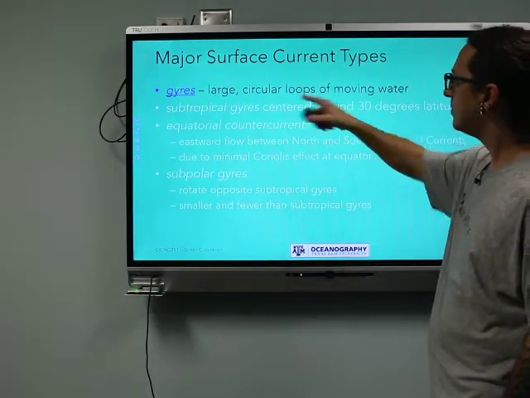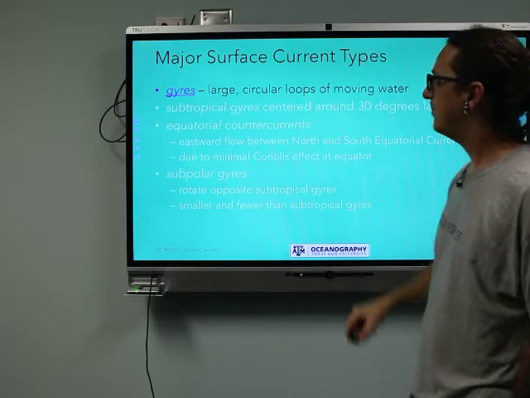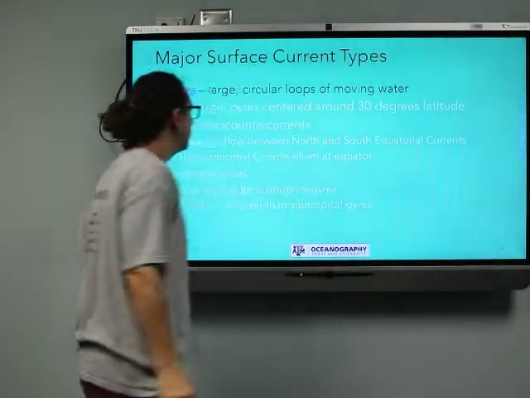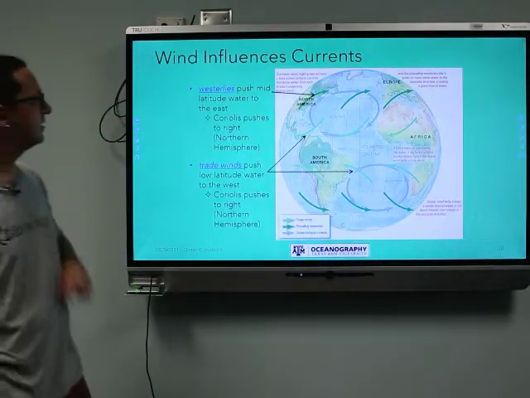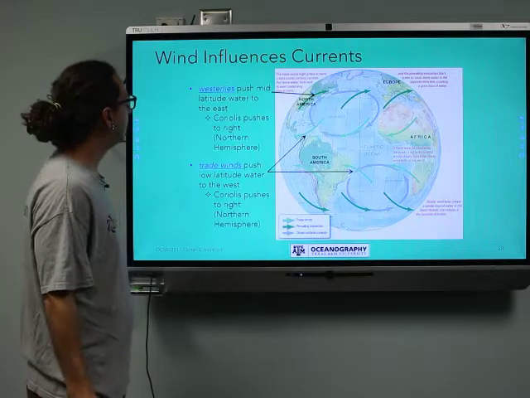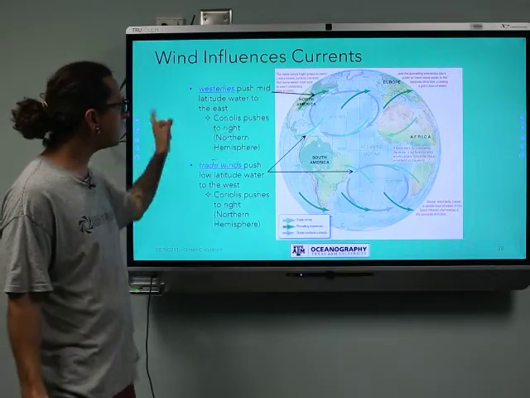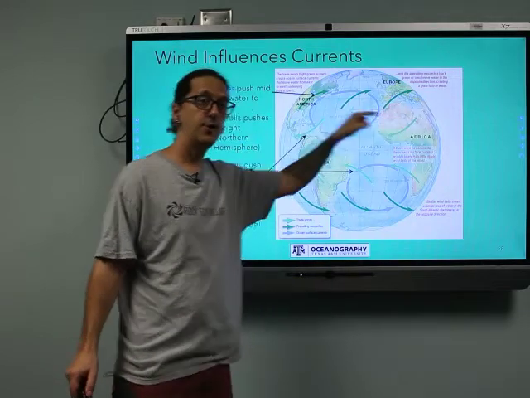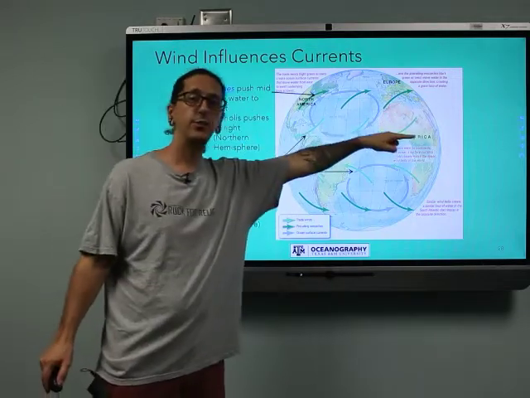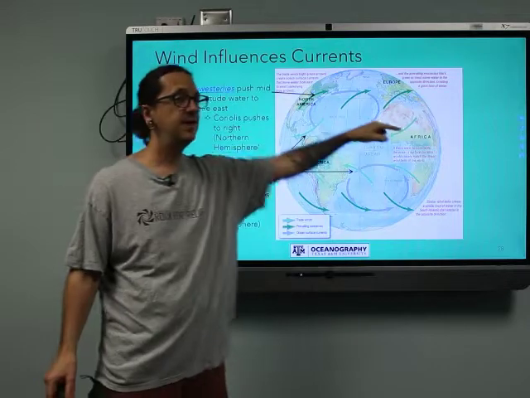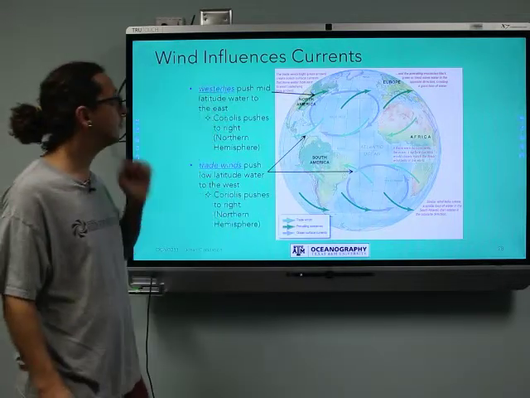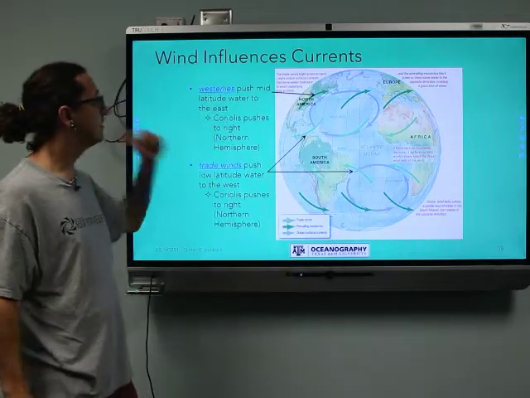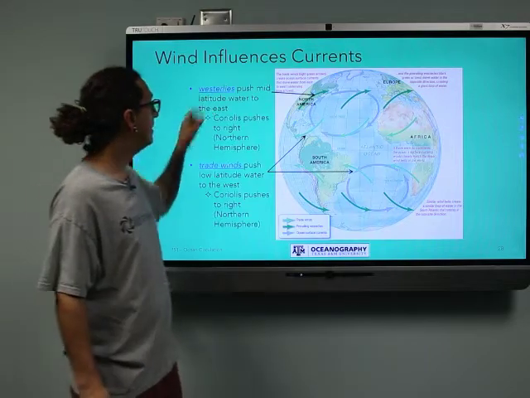Remember, surface currents are made by wind, and only about 2% of that wind is going to make it into the energy or speed of these currents. We have the westerlies pushing from the west to the east. That's how atmospheric scientists name their winds. So westerlies are pushing to the east, and that causes water to move in that direction. We have the trade winds, and the westerlies are in the mid-latitude.